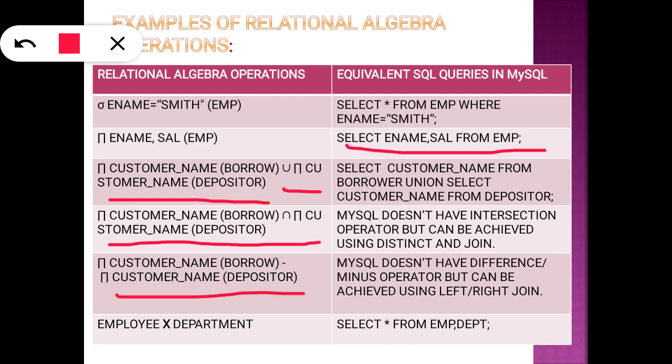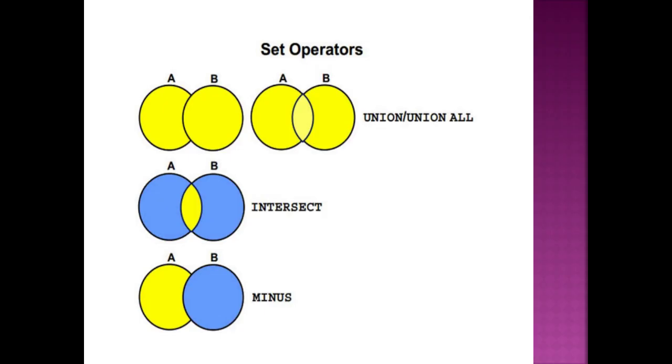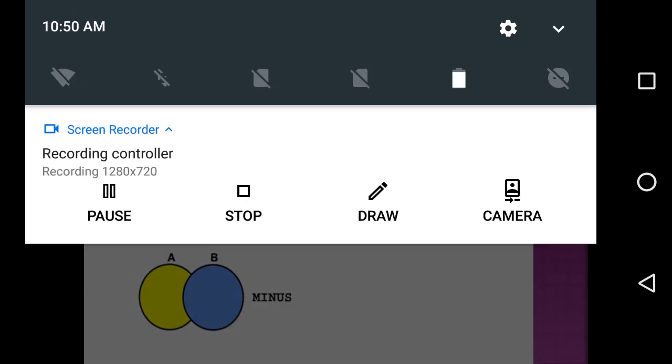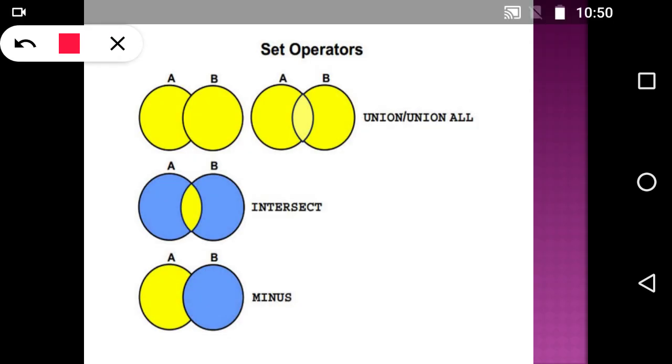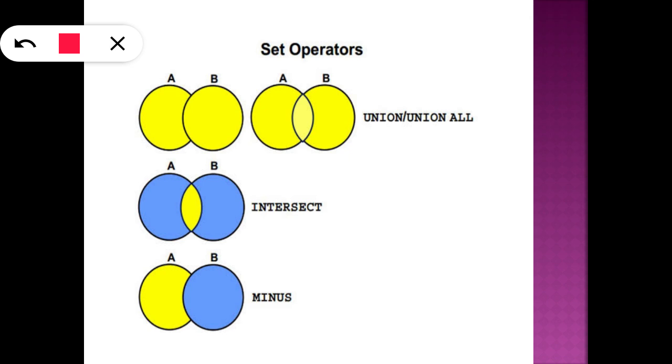You can simply understand these operations with the help of these images also. See, A and B are 2 sets and after union you get this result. And here is the intersect. A and B are 2 sets and the intersect will give you only the common values which are present in both A and B. And the minus, what will minus do?